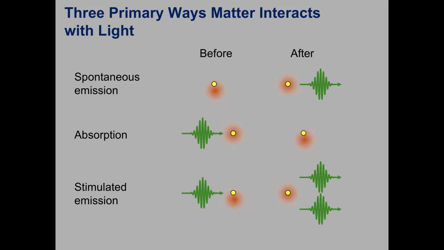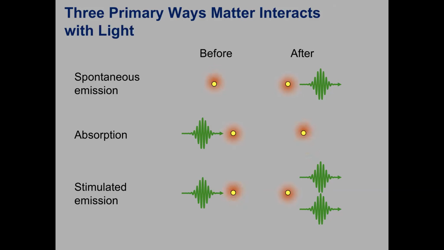The process that's important for us today and in the remainder of the course is this third one that we didn't talk about much, called stimulated emission. This is where we have an excited atom, molecule, or electron, and a photon comes in and perturbs that state. When that happens, that incident photon can induce the electron, or whatever our system is, to give off its energy as another photon of the same frequency with the same wave vector, so in the same direction.